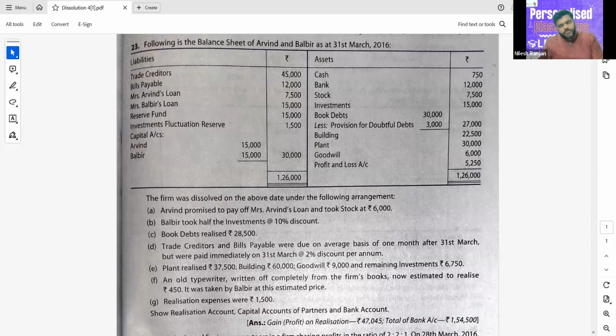If I add the investment fluctuation reserve, it will become 2,38,950. Yes, sir. Okay, now I'm sharing the solution that I have done.